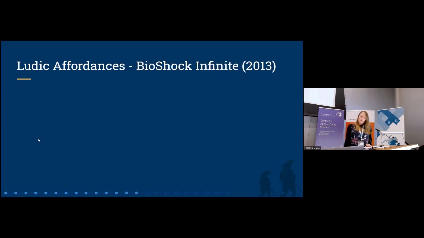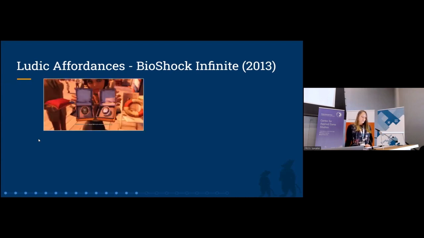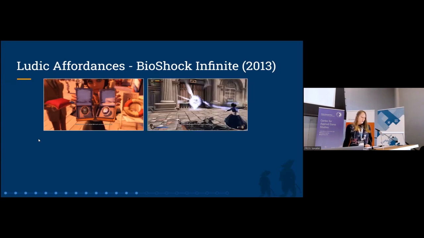BioShock Infinite is an interesting example of a mix between the player's control over the CNPC and the CNPC's autonomy in interacting with the game world. The level of control is varied. It can be as simple as a choice of which brooch to wear, to instructing for a lock to be picked, or a tear in reality to be open. These so-called tears can grant more possibilities in combat or assist in maneuvering the environment.